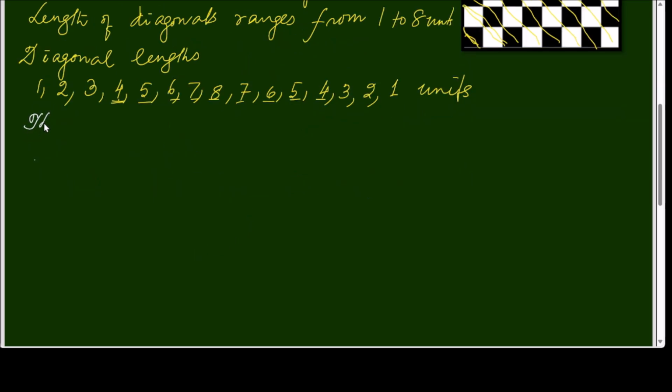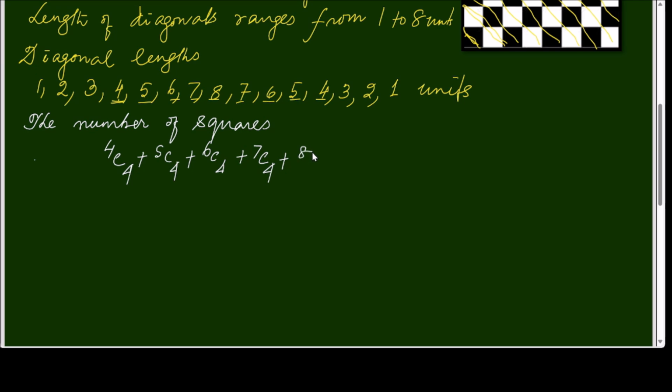The number of ways will be 4C4 plus 5C4 plus 6C4 plus 7C4 plus 8C4, plus 7C4 plus 6C4 plus 5C4 plus 4C4.